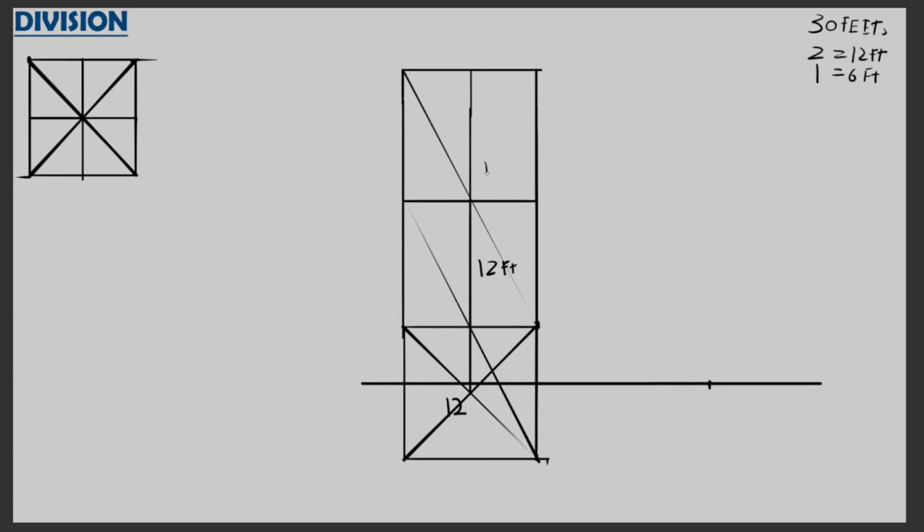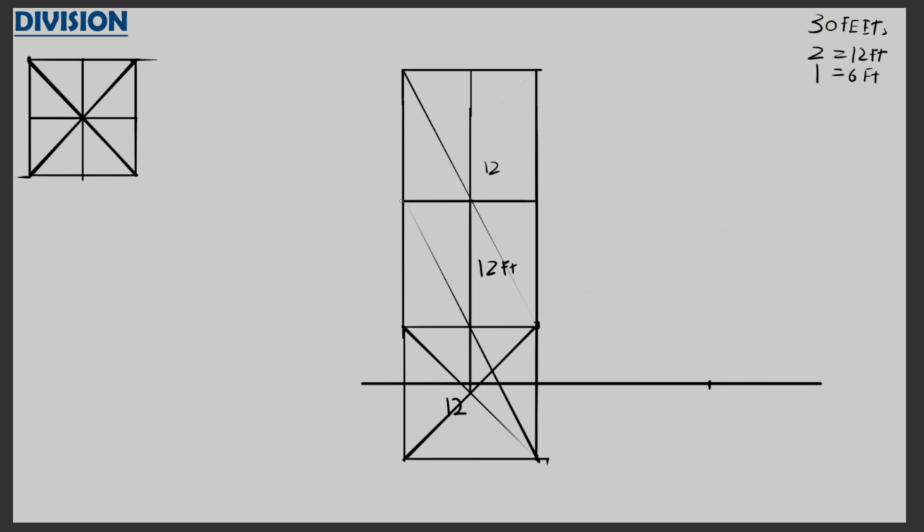12 feet, but we don't need 12 feet on the third floor. We only need 6 feet. So what we will do is we will find the center. Wait a second, it's not right.